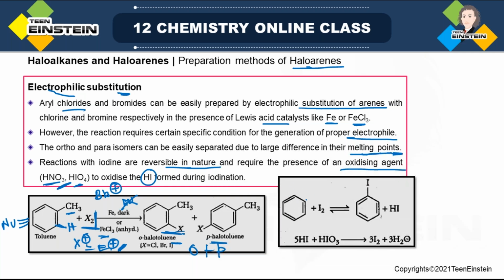See, here any of this hydrogen, C-H bond is replaced by C-I bond, another I, and H, it will make HI. So this is the byproduct.